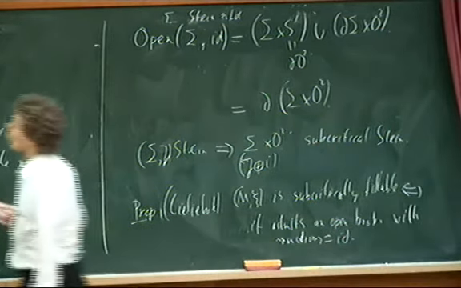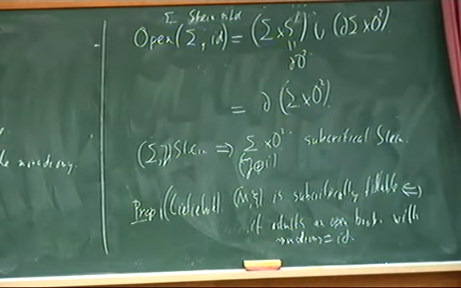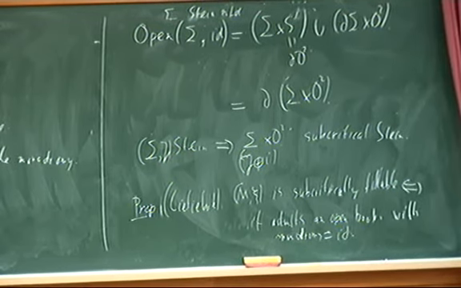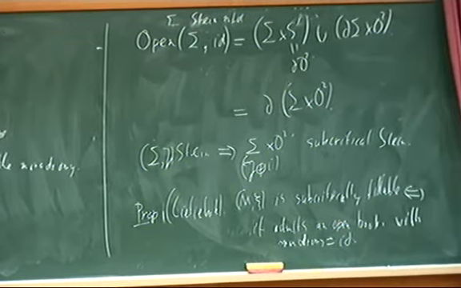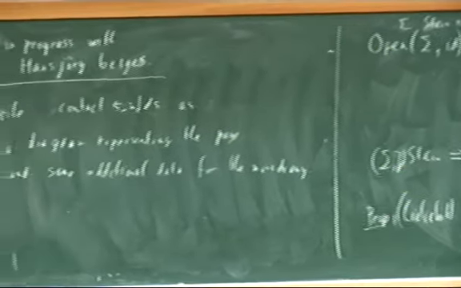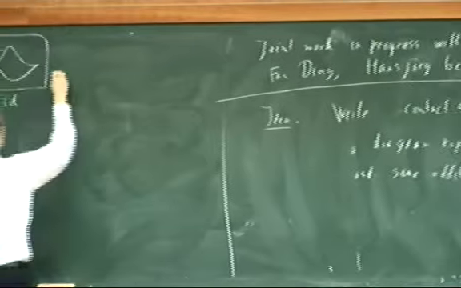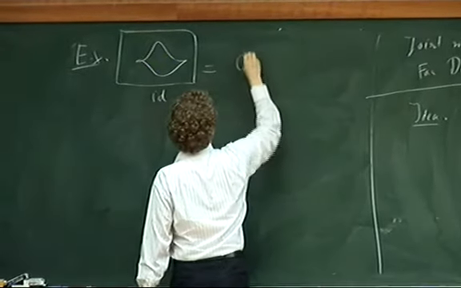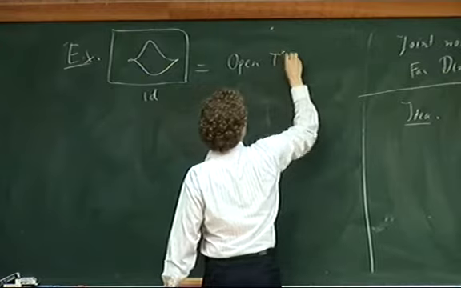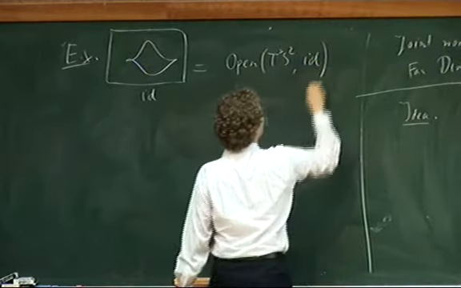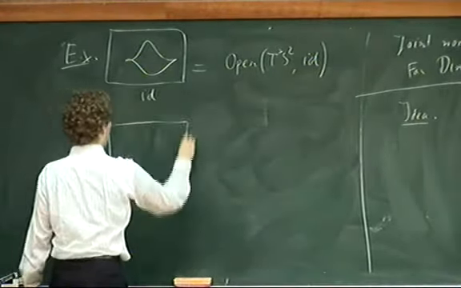Now, let's apply this observation to some examples. We can look at this Stein surface, and we can say this represents an open book. This is the open book with page T*S^2, monodromy the identity. And we could also look at something like this.